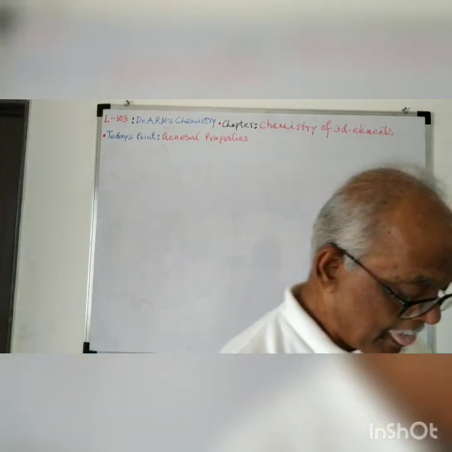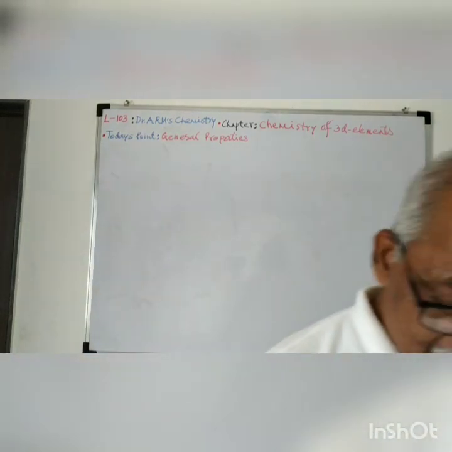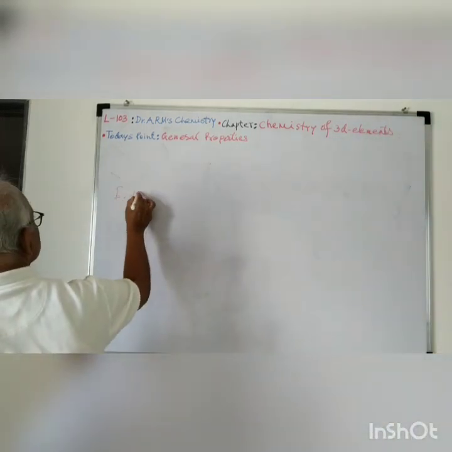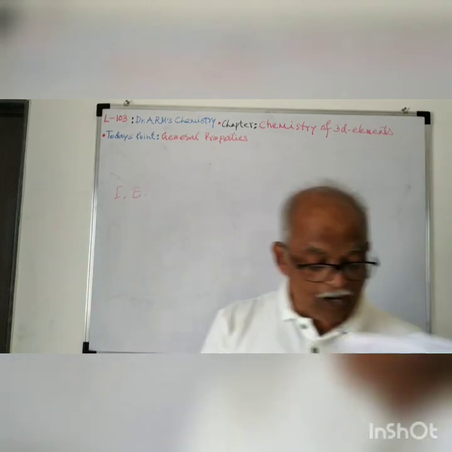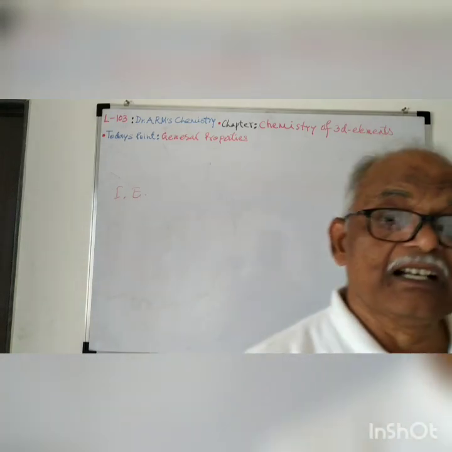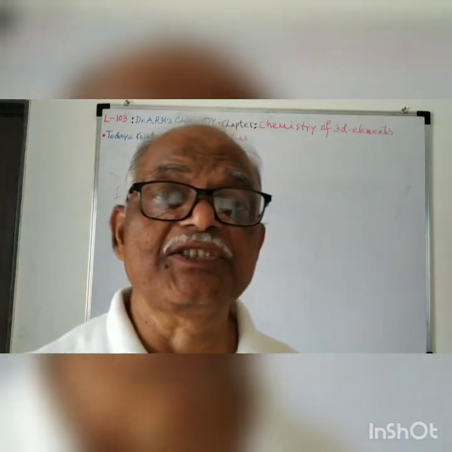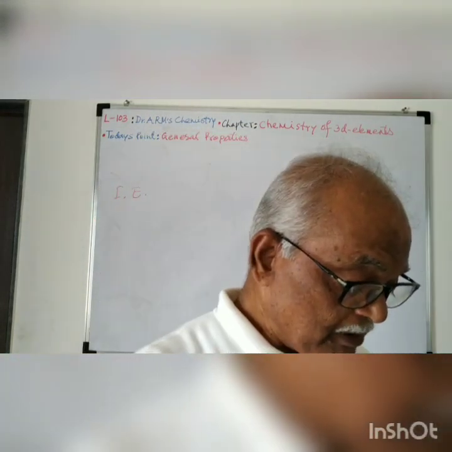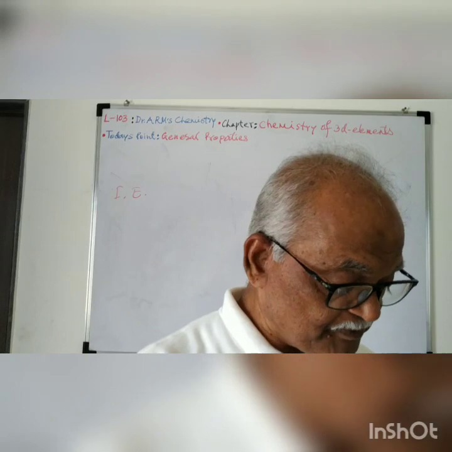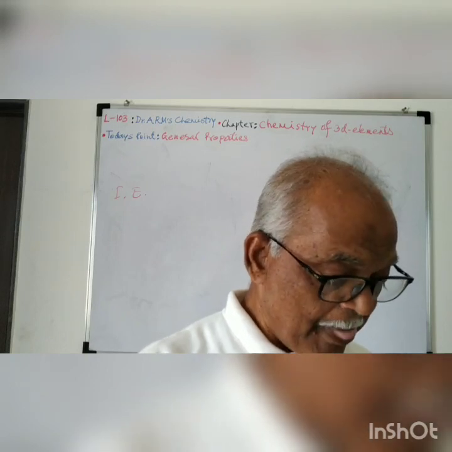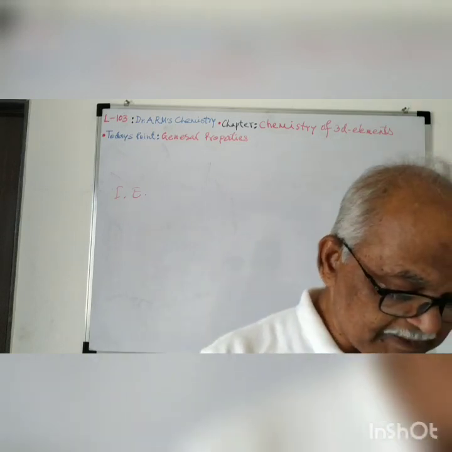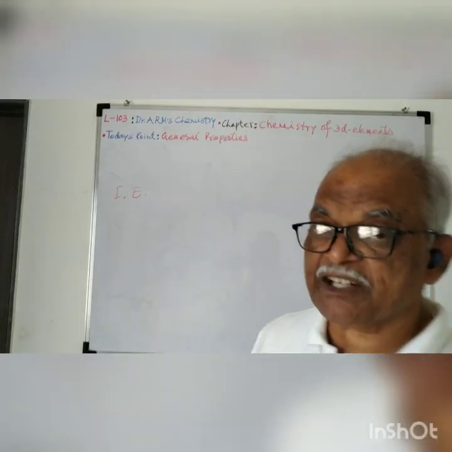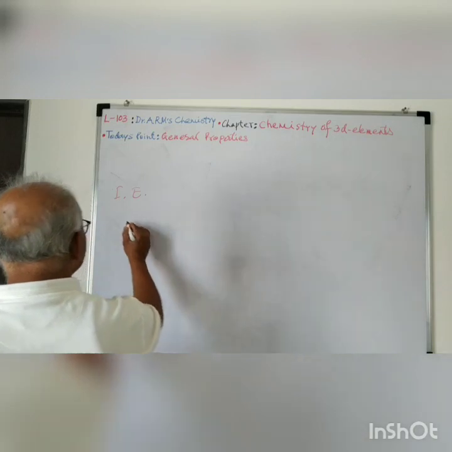Then if we see the ionization energies of these elements, as we have seen, the ionization energies of these elements are very high compared to S and P block elements. It is found that in case of lanthanum, the ionization energy is relatively less.